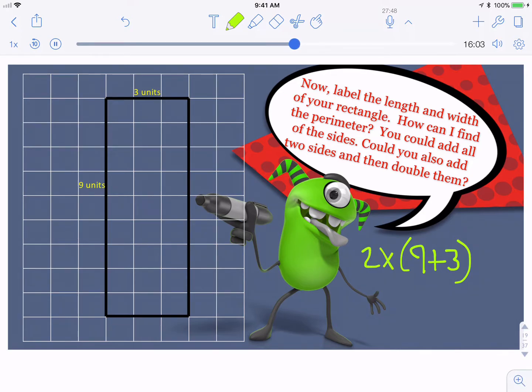Would that be the same as 9 plus 3 is 12 plus 9 is 21 plus 3 is 24? Is it easier to just say 9 plus 3 is 12, 12 times 2 is 24?